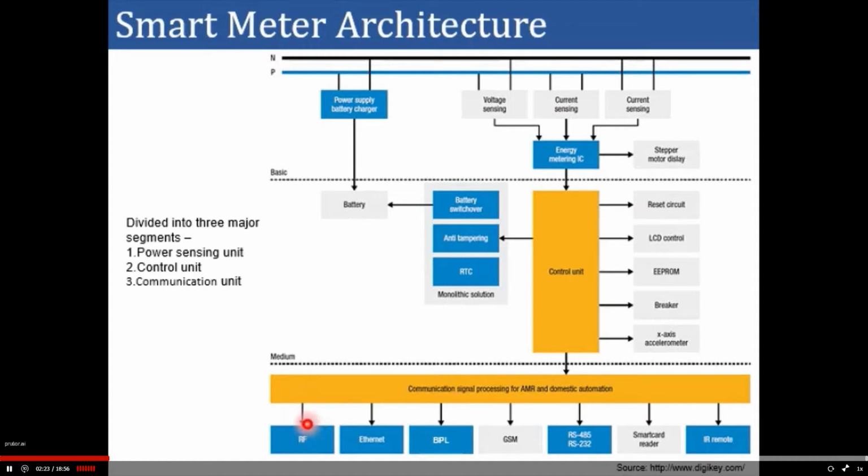It can be RF or Ethernet, broadband over power line, or GSM, or directly the RS-485 or RS-232 cable, or maybe you have a smart card reader or the various IR modes of data communication. So the communication layer will send the data to the remote server through any of the communication channels available for data communication.